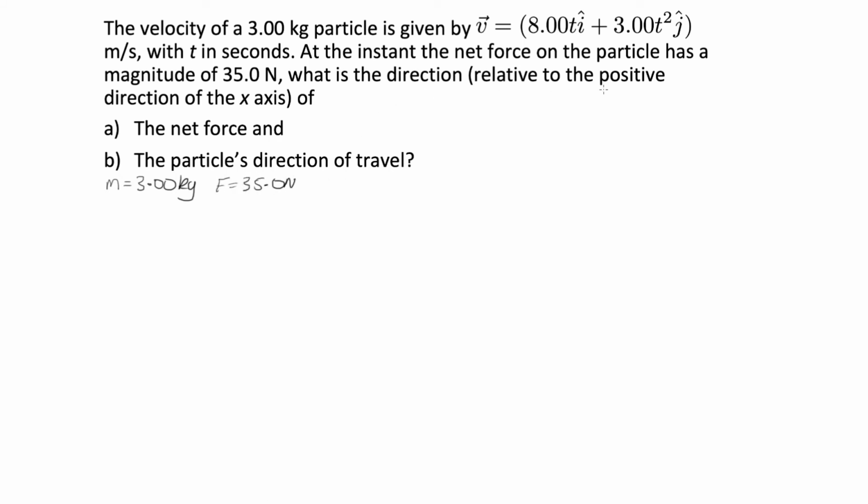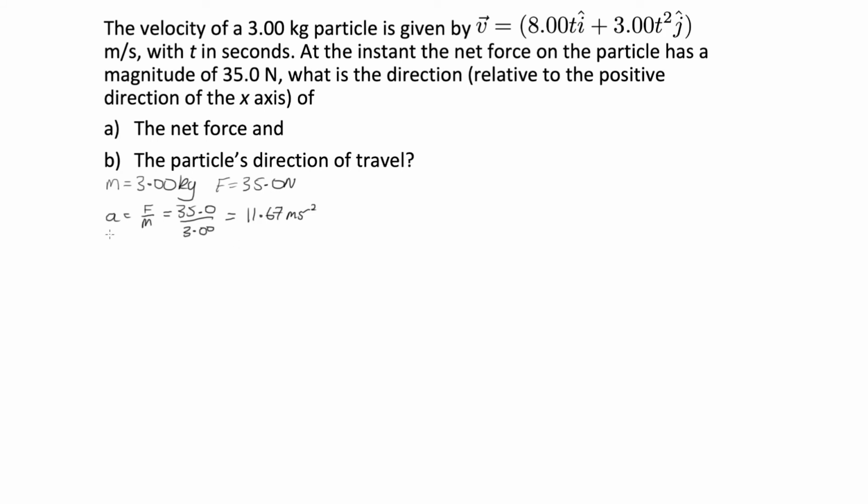What is the direction relative to the positive direction of the x-axis of the net force and the particle's direction of travel? Okay, so we have the mass and we have the force. So we can work out the magnitude of the acceleration, which is given by the force divided by the mass. And this is equal to 35 divided by 3, which is equal to 11.67 meters per second squared.